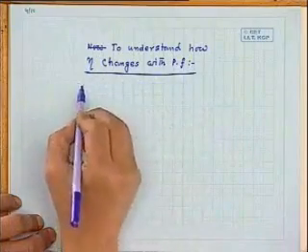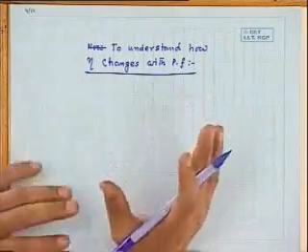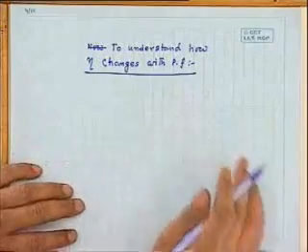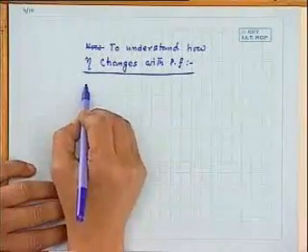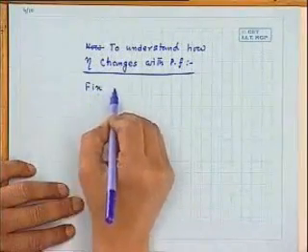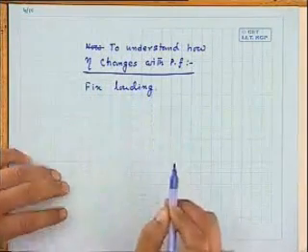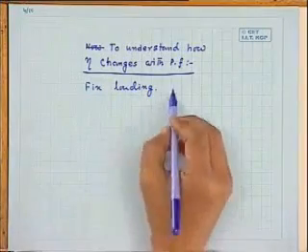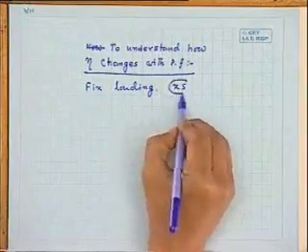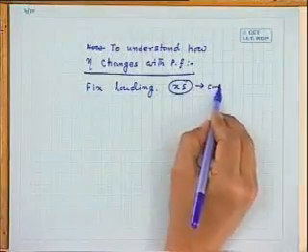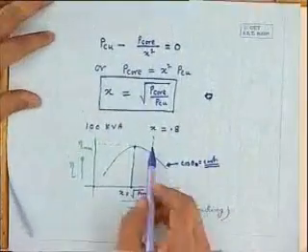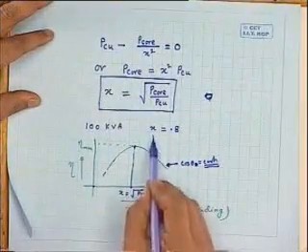What we do is this: you fix the loading, at which I will operate the transformer. That is, x into S I will keep constant, at any point I like.